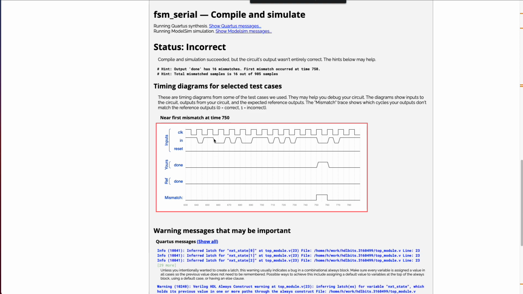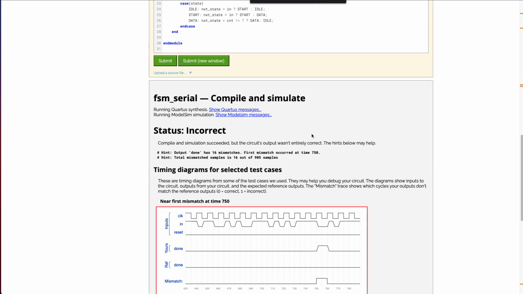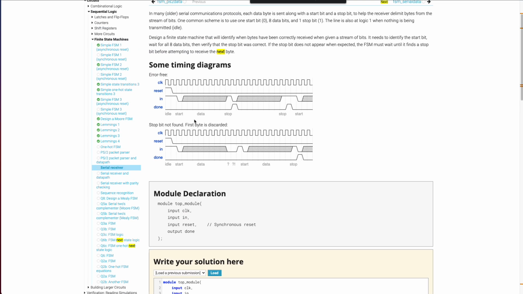So 1, 0 and then 8 cycles: 1, 2, 3, 4, 5, 6, 7, 8 cycles and then... wait, 1, 0, 1, 2, 3, 4, 5, 6, 7, 8, 1.